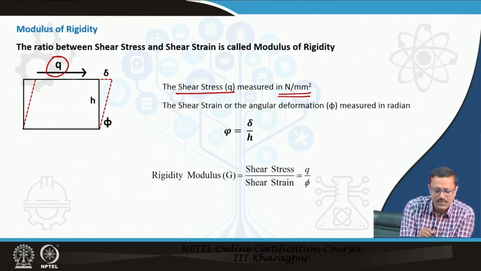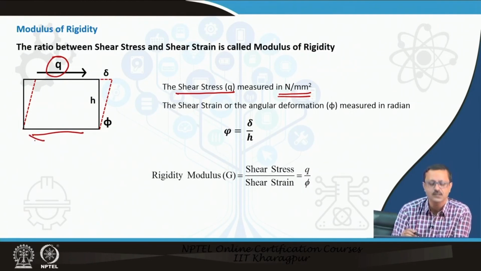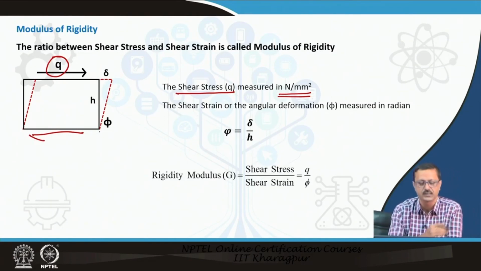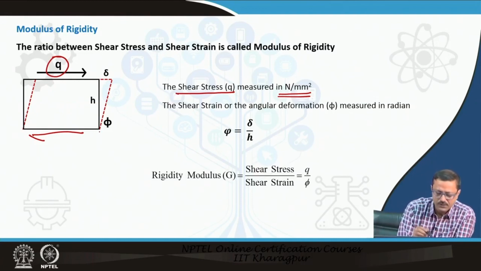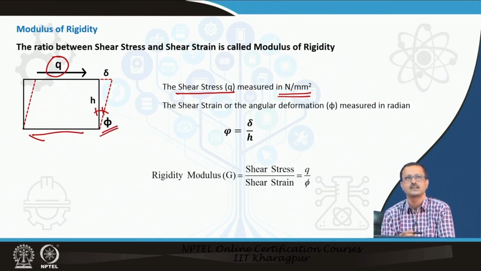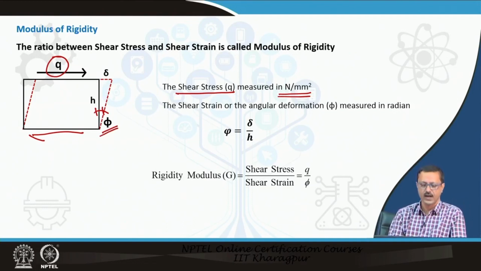Because of the application of the shear stress at the top, of course, a resultant shear stress will be applied at the base also, and because of that, this red dotted line is the deformed shape, which we have seen in the earlier slide. We can measure the deformation by the angular displacement phi, and this angle phi is so small that tan phi tends to phi.